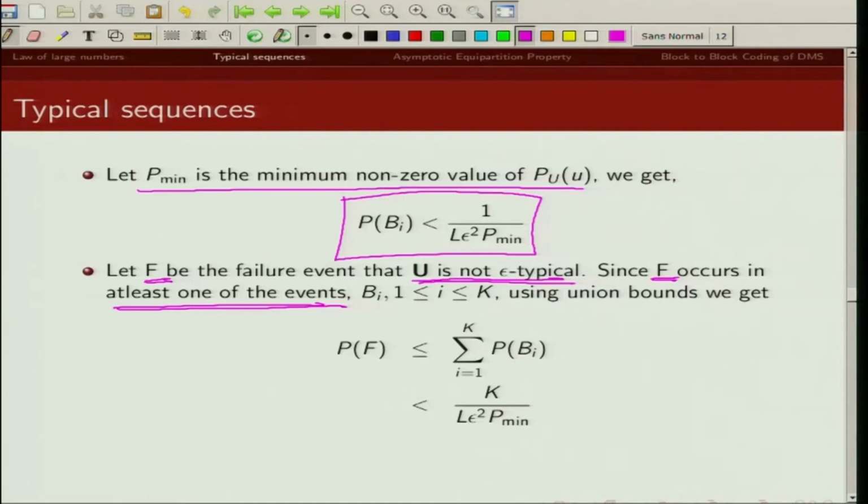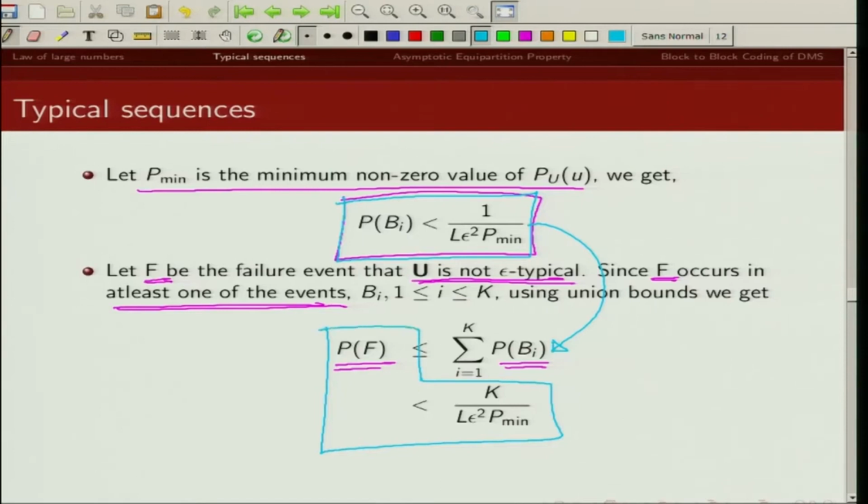Now using the union bound, I can write this probability of failure as upper bounded by the sum of the probabilities of Bi over all i's from 1 to K. And we know this probability of Bi, which is given by this expression. So if we plug this value in here, what we get is that the probability of failure is upper bounded by K divided by L epsilon square times P min.